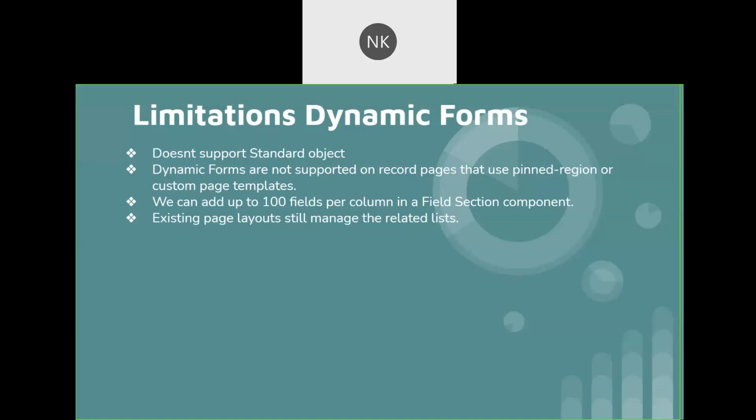We cannot do anything related to the related list in dynamic forms. We can add up to 100 fields per column in the field section component. And the other limitation is that it is not supported on record pages that use a pinned region or a custom page template. So these are certain limitations of dynamic forms.